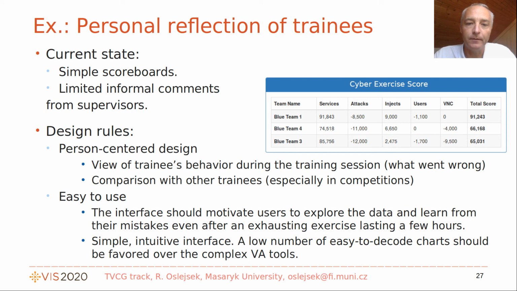It has to be easy to use because the exercise is often exhausting, and even after such exhausting training, the participants should still be willing and motivated to interact with the visualization and learn even more from the exercise.